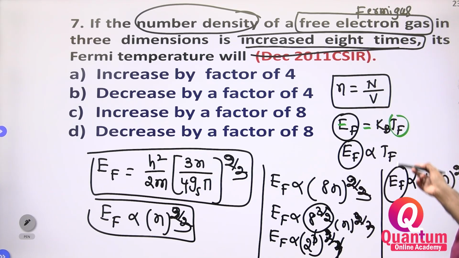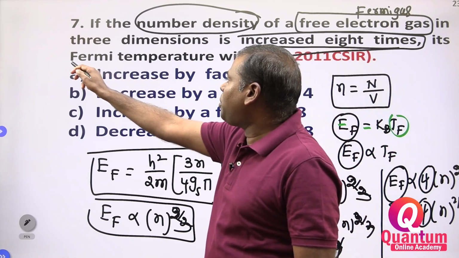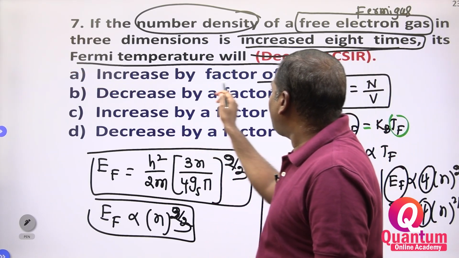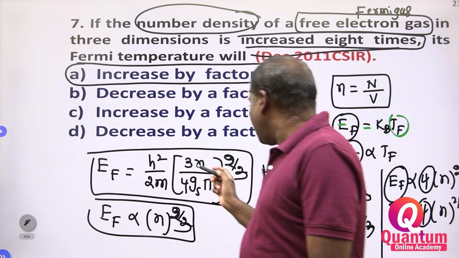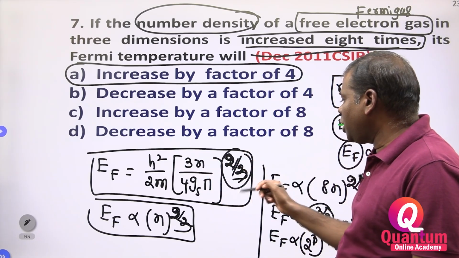If EF is 4 times, then automatically the Fermi temperature is also 4 times. Therefore, the Fermi temperature increases by a factor of 4. Sorry, this formula you have to adjust: it is 2 by 3, not 3 by 2.